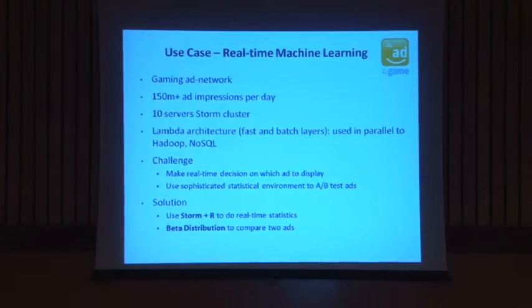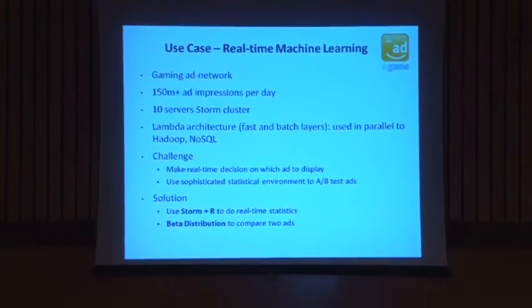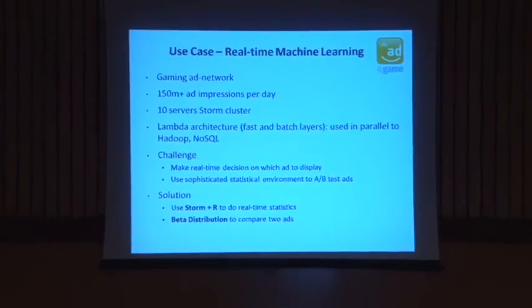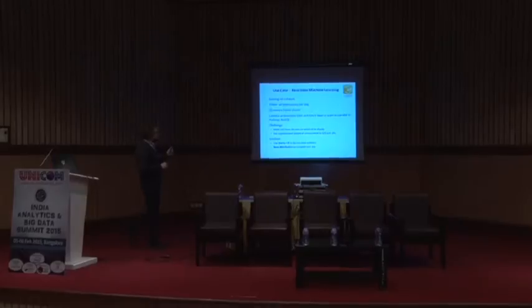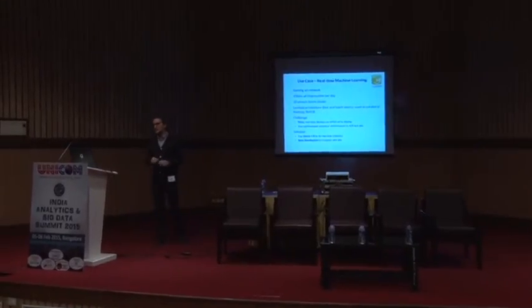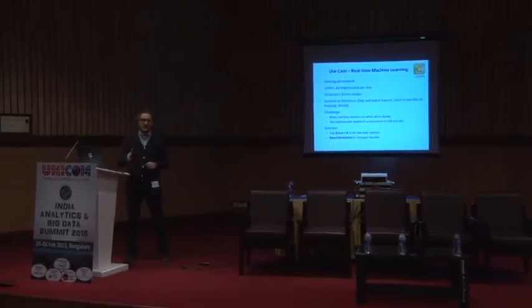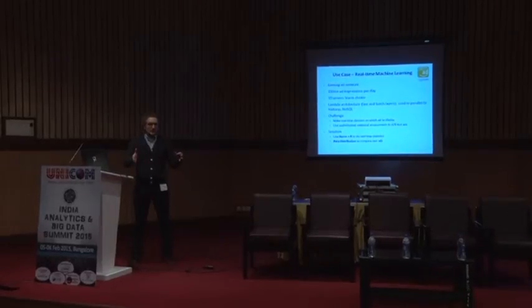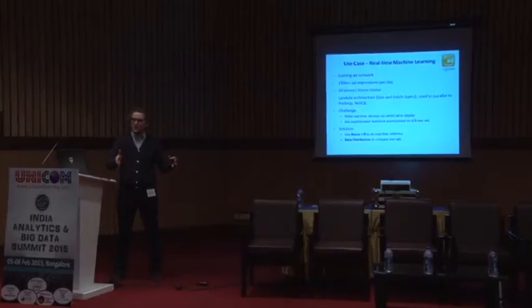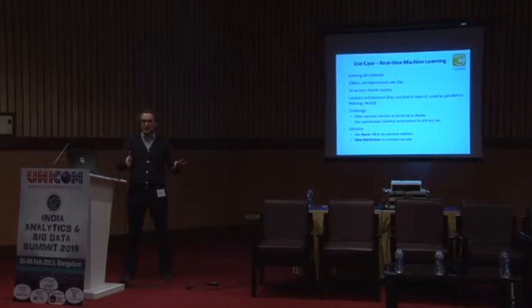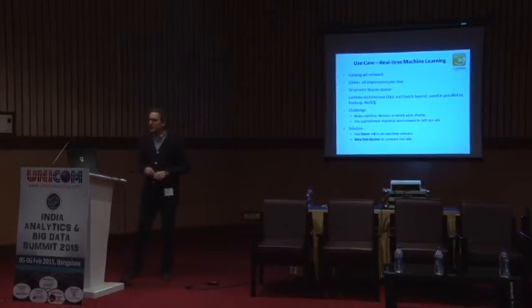And to analyze this data, we use a few software packages. So first we use Storm, but also we use Hadoop. So we have this so-called Lambda architecture, where you have two parallel processes, one in Hadoop, which is doing the batch processing, where we store all of the data and we analyze it in MapReduce.